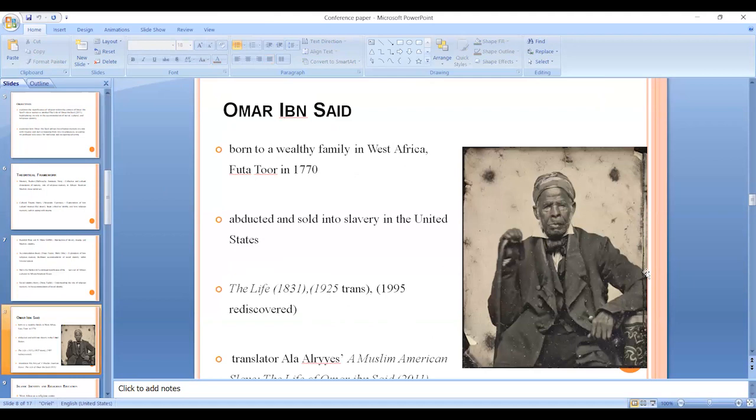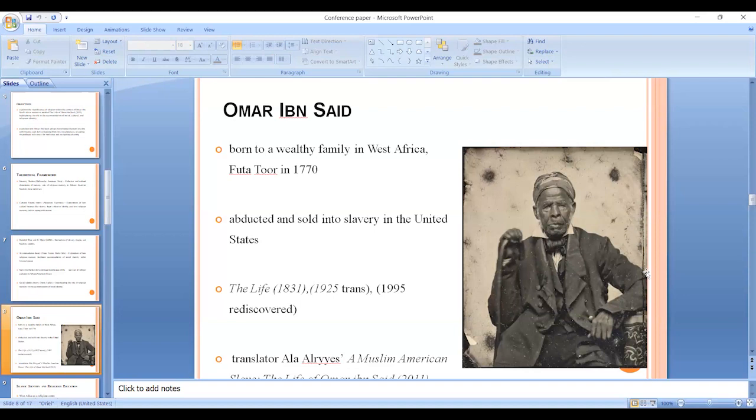Giving a brief introduction about the slave and his narrative that I have selected for my study: Umar ibn Said was born to a very wealthy family in West Africa in Futa Toro in 1770, somewhere between the rivers Gambia and Senegal, and subsequently was abducted and sold into slavery in the United States in 1807.